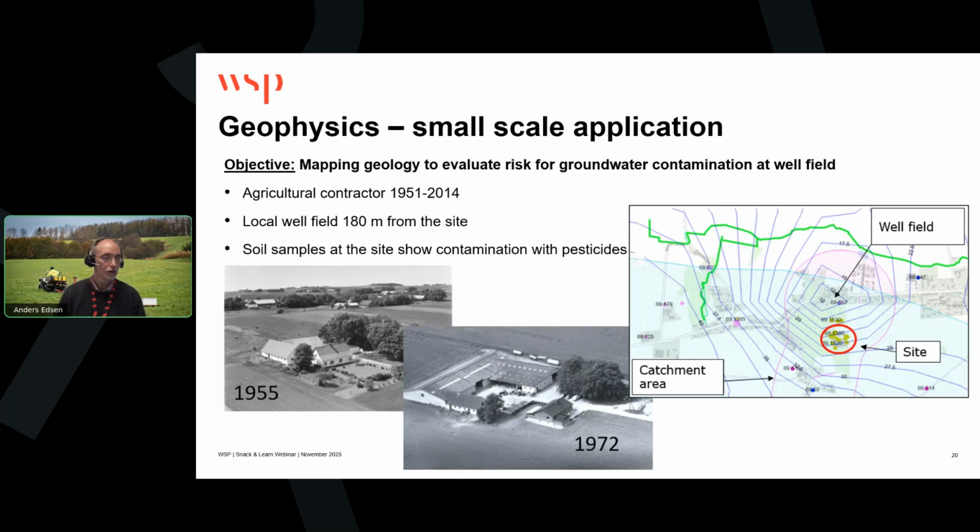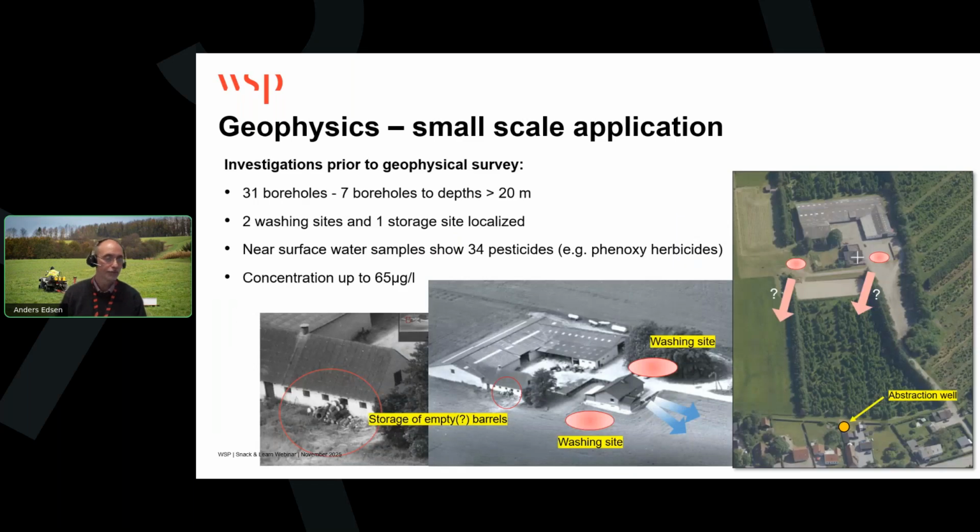So the local authority, the region, was very interested in this, and they started a campaign with boreholes, 7 of them with depths of more than 20 meters. And during this investigation, they discovered 2 washing sites that are polluted with pesticides, and also the historical studies of the activities on the site showed that there had been some storage of barrels close to the building.